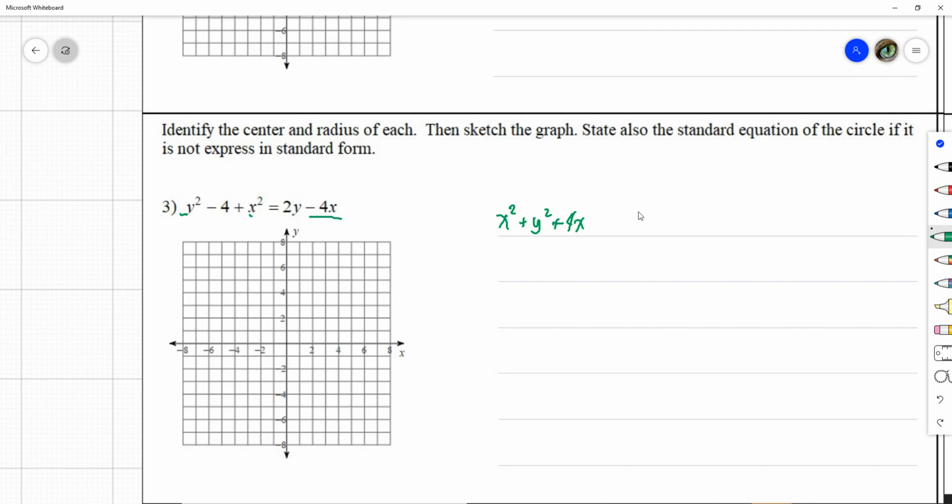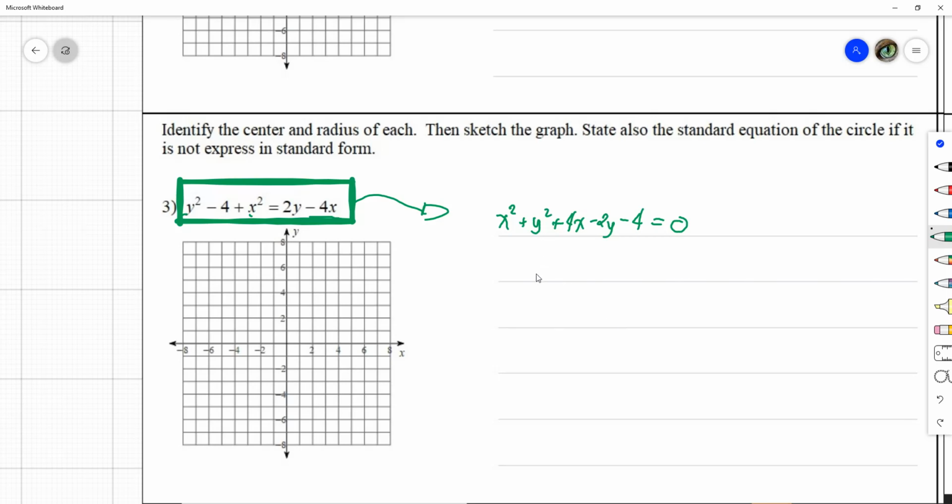Now we have the y. Since the y is written on the right side, again we have to add both sides negative 2y. So here we have minus 2y, then minus 4 equals 0. So this equation can be written like that.